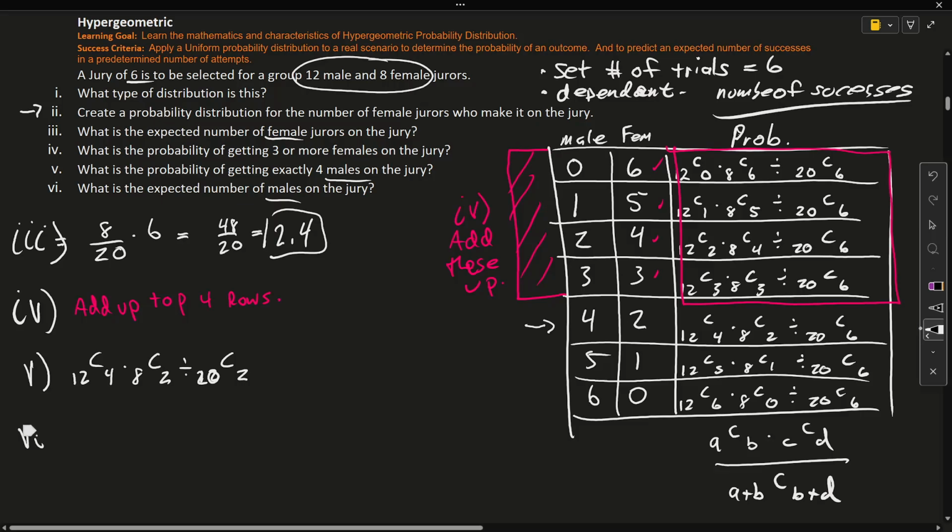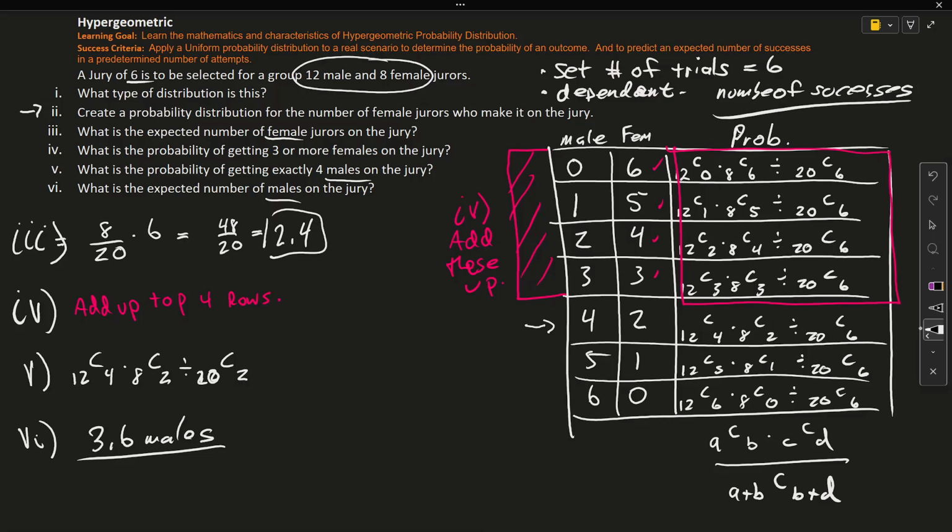So for part 6, let's go with what is the expected number of male jurors on the jury. Well, we know that the expected number of females is 2.4. If there's 2.4 females and there's 6 people on the jury, then there should be about 3.6 males, right? Because if 2.4 of them are females, then 3.6 should be males. But again, how do you figure that out?